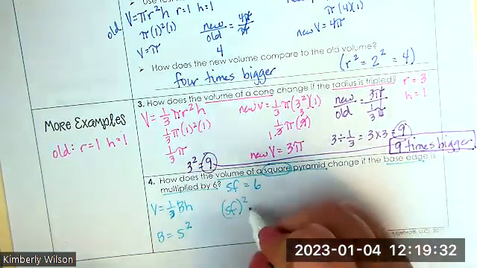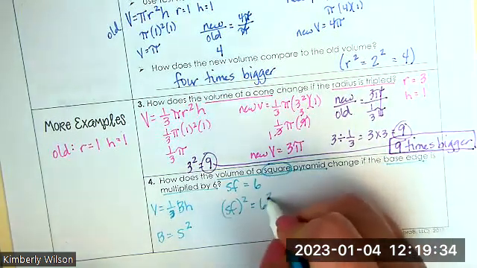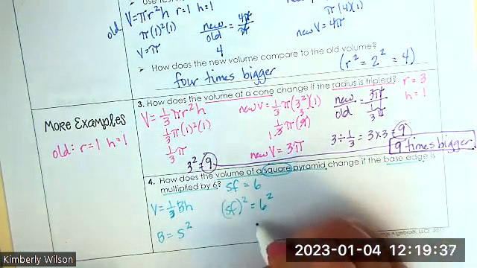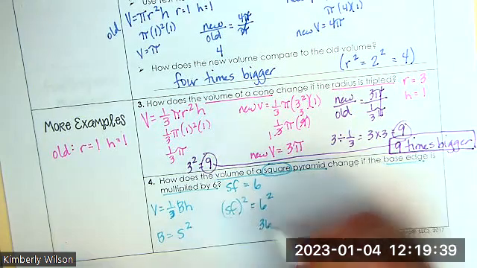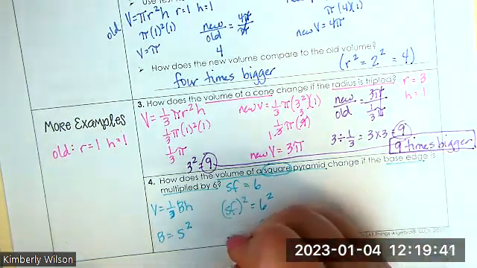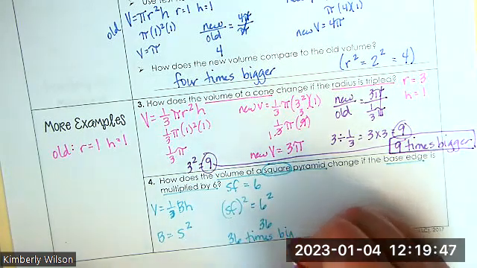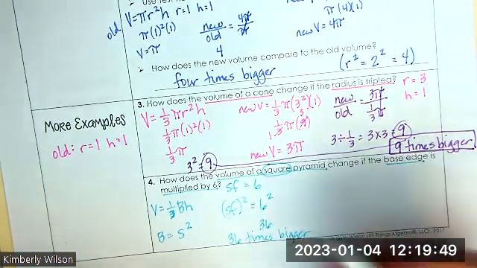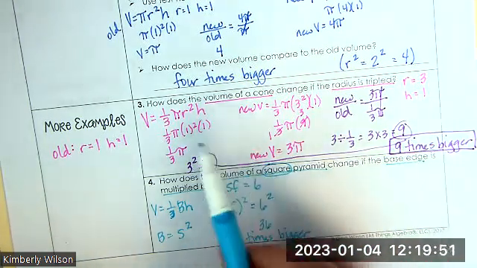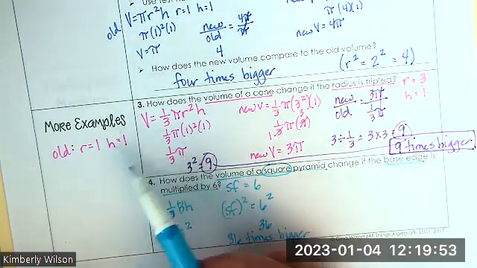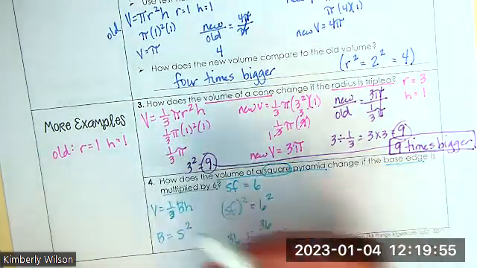The scale factor is 6 squared, which gives me 36. So therefore, I could say this is 36 times bigger, because that's what's changing, because the original is always being treated as 1.